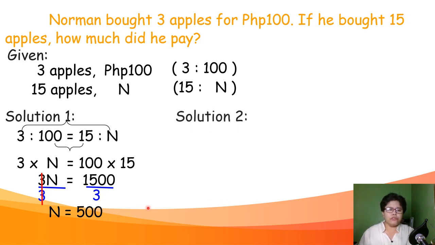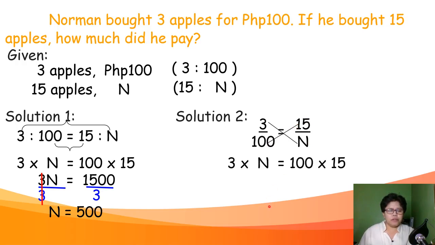And for solution 2, if sinulat natin ito in fraction, we are just going to do cross multiplication. And yan, so partner ng 100 would be 15, partner ng n would be 3. And pareho na lang yan ang kalabasan yan dito. So check natin, ha. 3 times n is just equal to 100 times 15, di ba?